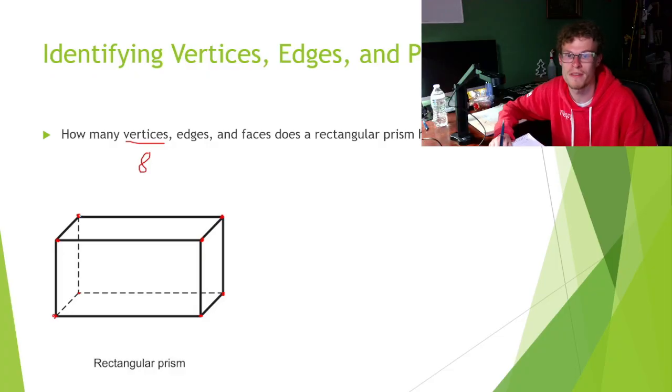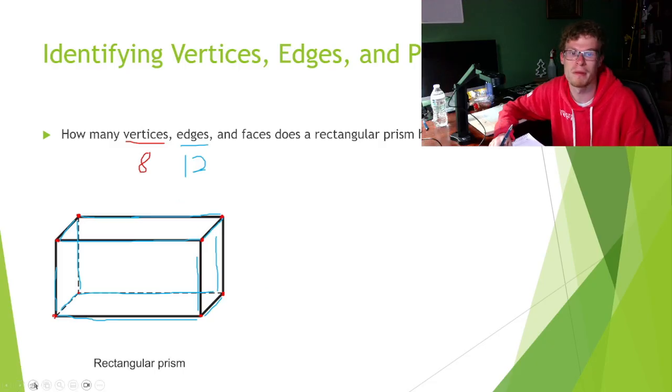So where the faces meet are these different lines here. There's 1, 2, 3, 4, 5, 6, 7, 8, 9, 10, 11, 12. There are 12 edges on this rectangular prism.